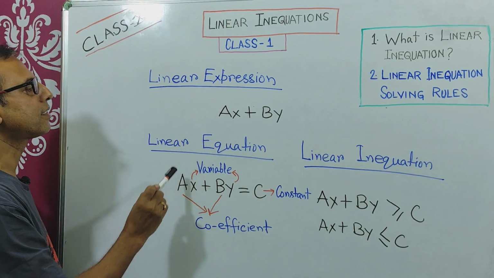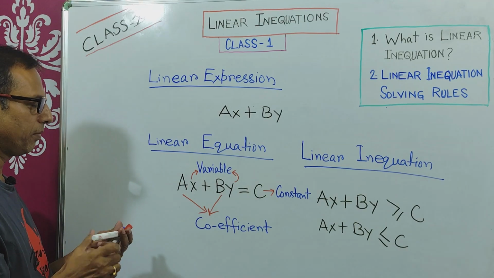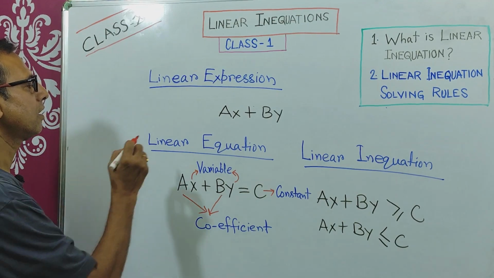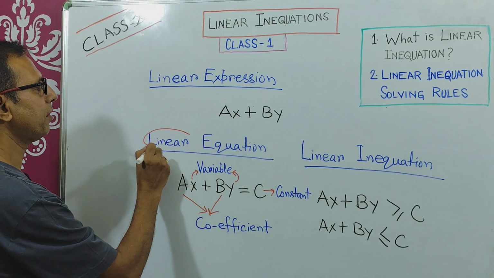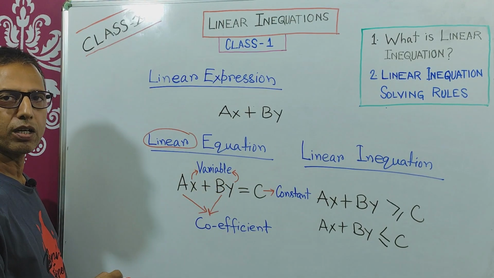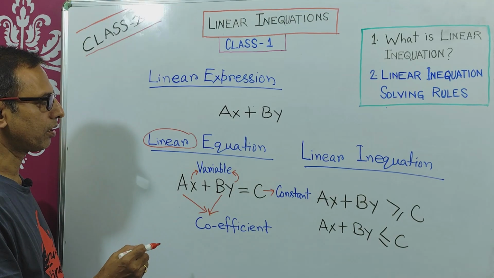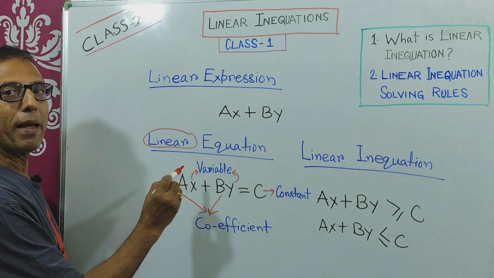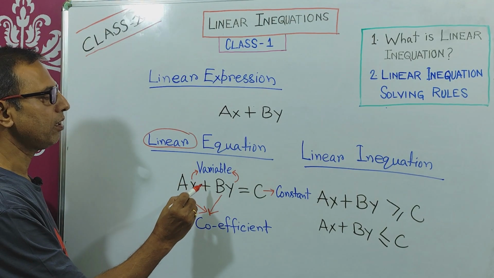Now, why is it linear? What is this term linear? Linear means that in any expression, equation, or inequation, the maximum power of the variable is 1.